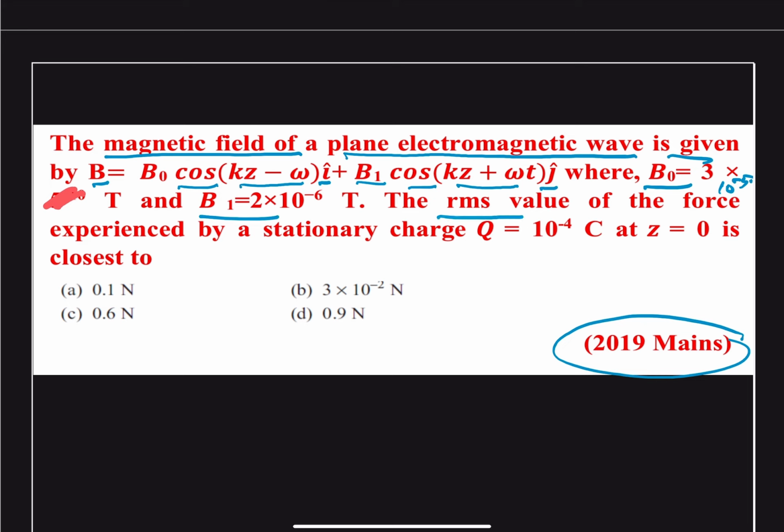The RMS value of the force experienced by the stationary charge Q, which is 10 raised to the power minus 4 coulomb at z equal to 0, is closest to.